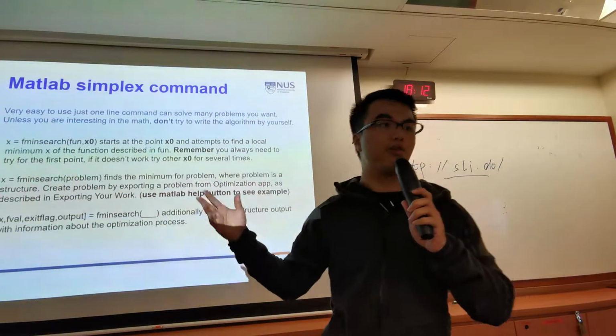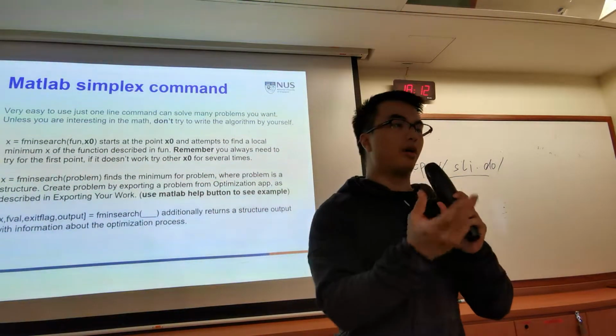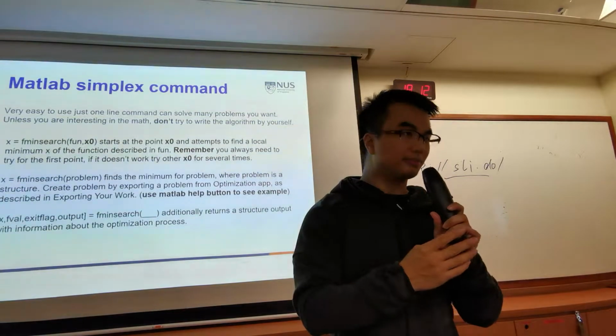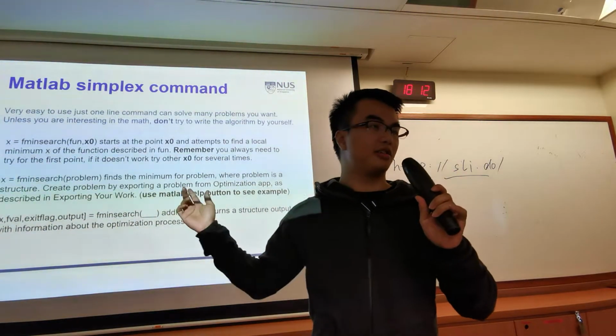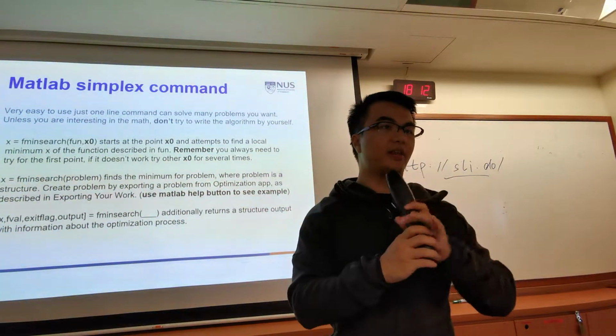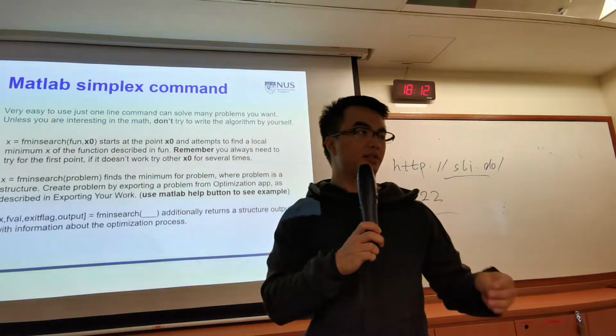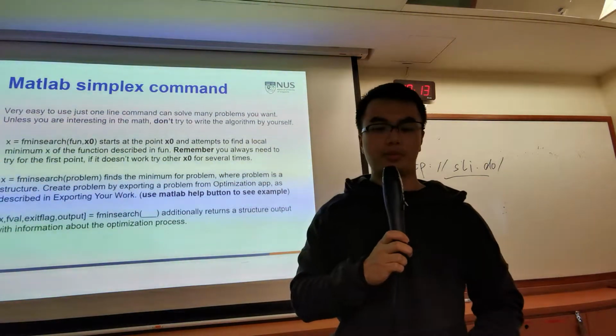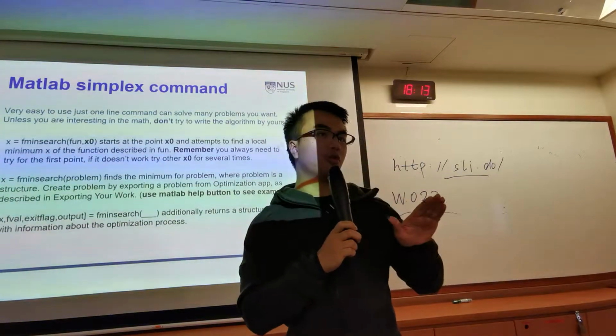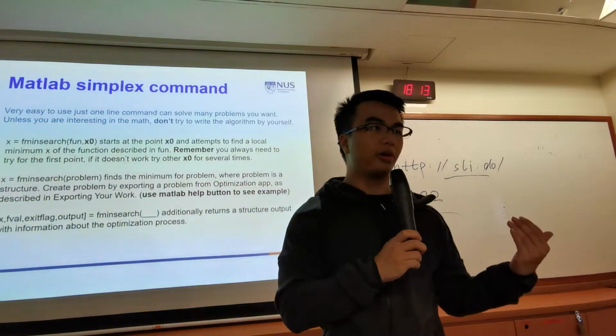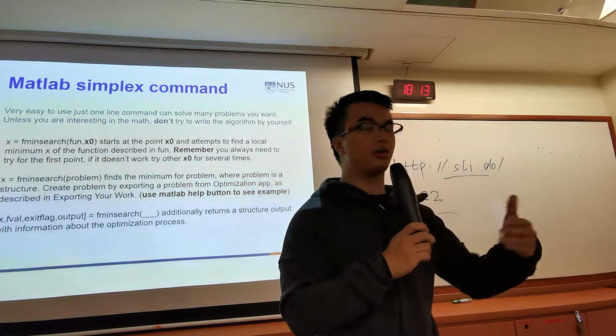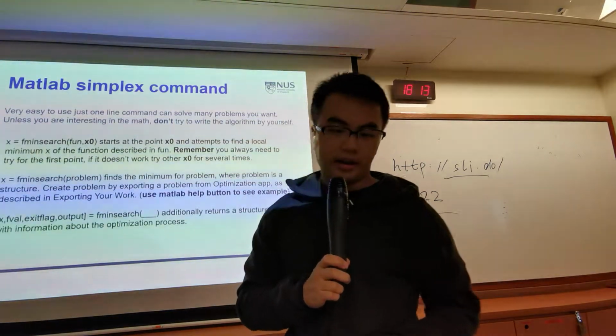Then that is easier for you to search. If your answer is 0.9 or something, and you write the initial point as 10,000, it may have some problems. So to find the initial point, you need to understand your objective function quite well, and to understand the problem you are going to solve quite well.